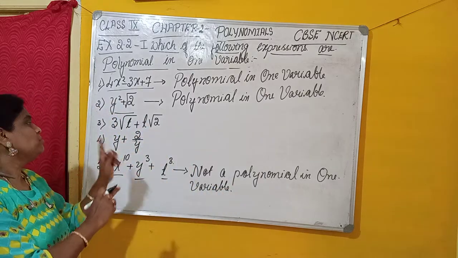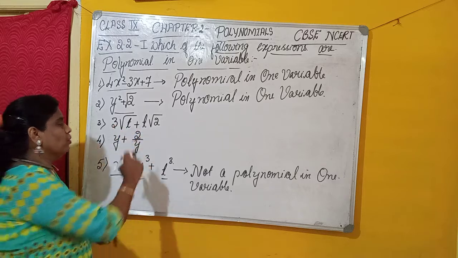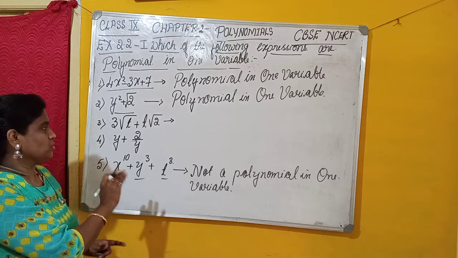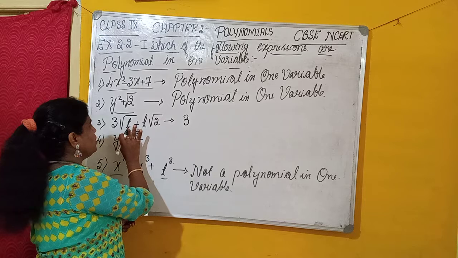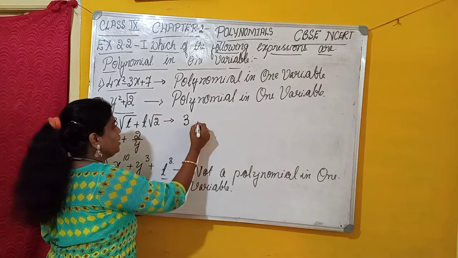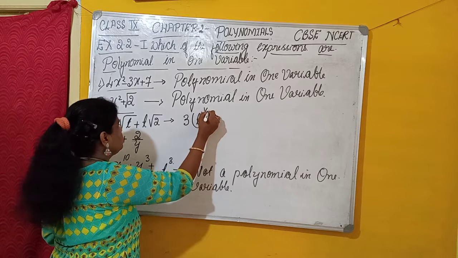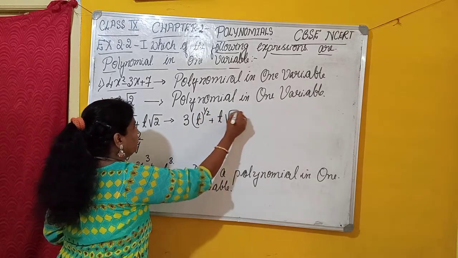Now, move back to the third problem. 3 root t and t root 2. In this, look at the variables used. Here constant coefficient 3 is there, and root t can be written as t to the power of 1 by 2, plus t root 2.